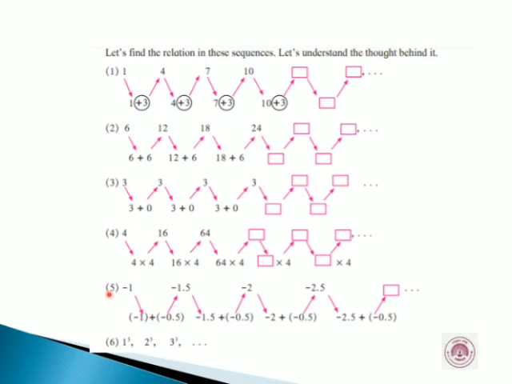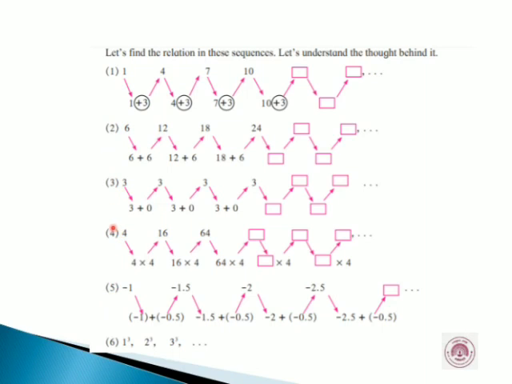So each of these sequences is called an arithmetic progression. So here, which are the arithmetic progressions given? Examples 1, 2, 3 and 5.